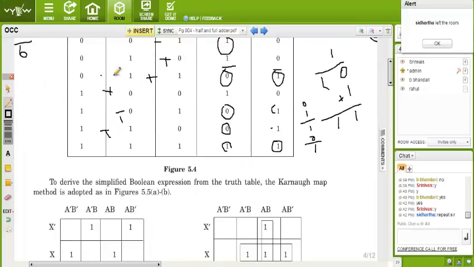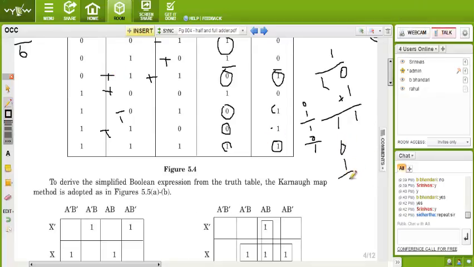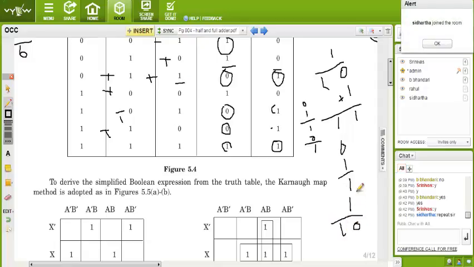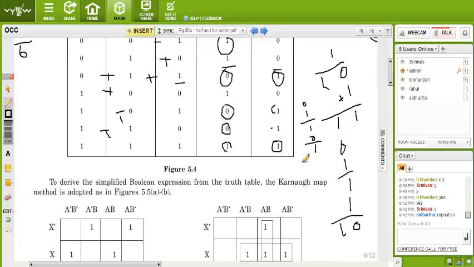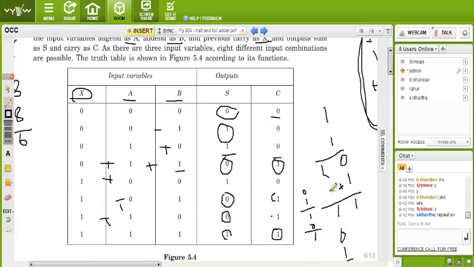In the first case, if you add these two, 0 and 1, it will generate 1, no carry. Now again another one we have to add. Now if we add this one, then it will produce 0 and 1, because 1 1 0 is the sum and carry is 1. Is it clear, Siddharth? In that way, if we complete this, then we get this truth table. Is it clear, Siddharth?